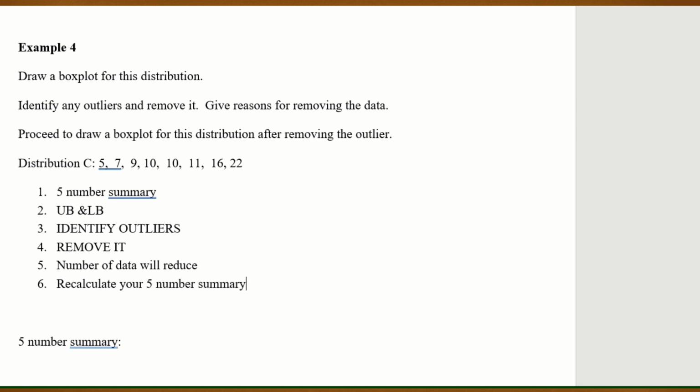So these are the steps when they ask you to identify and remove. Write these down, please. These are the steps that you must follow. You find the 5-number summary for the original data. Then you find your upper and lower boundary, identify the outliers, take it out. Then because the number of data will reduce, you need to recalculate your 5-number summary.